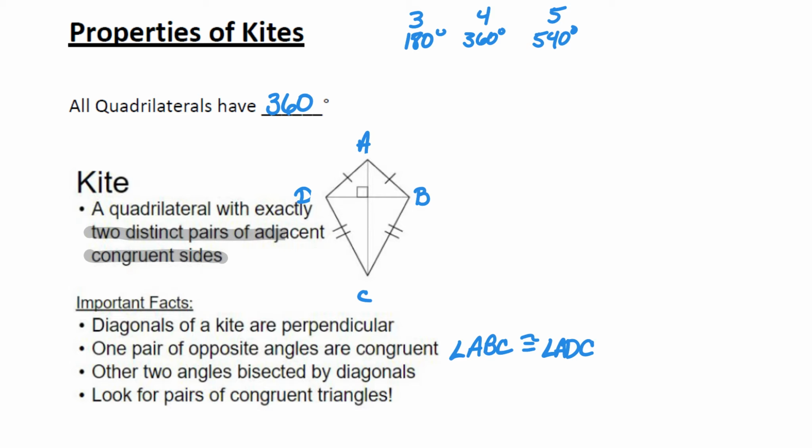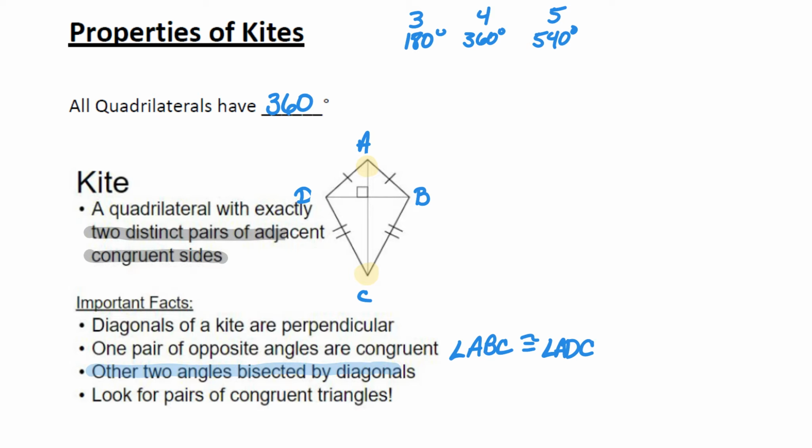So the next little fact that we see is the other two angles are bisected by the diagonal. We just established that the east-west portions of this kite are equal in angle measurement, which means the other two angles, the angle which is kind of our north pole, and the angle that is the south pole here, which is C in this particular one, are not equal, but they have both been cut in half.